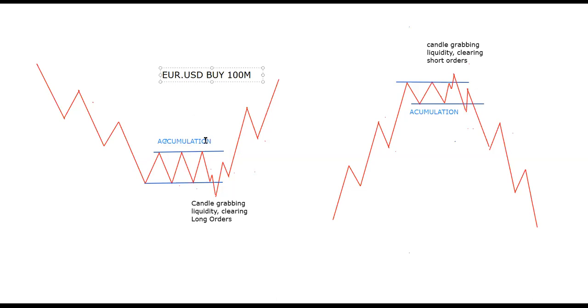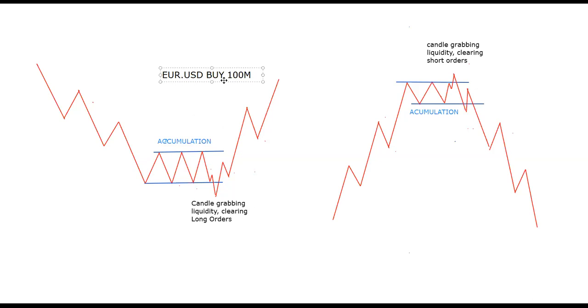So because they need people who would sell to them, they need part of that order filled, maybe 15 million, maybe 50 million filled from retail traders. Remember, they're buying $100 million. So if all the traders at this point in the market are going ahead to buy, that order cannot be filled real quick because it's very, very large.